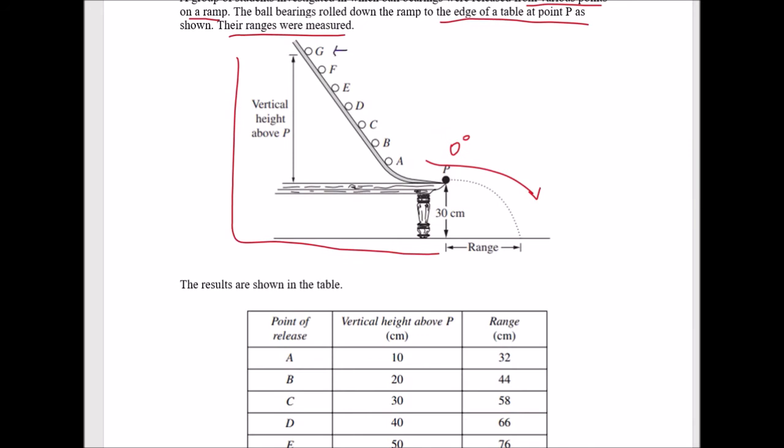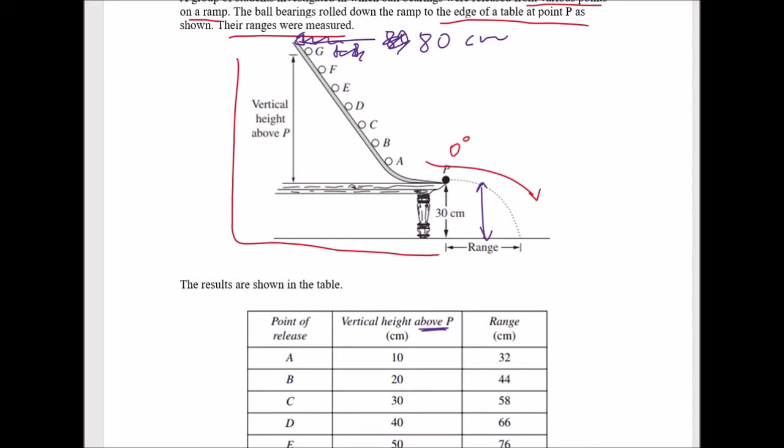This is at the, well, let's just say up here is 80, or where's the vertical? Release vertical above P. So that's 80 centimeters up here. Okay, the release point from here to here is 30 centimeters.